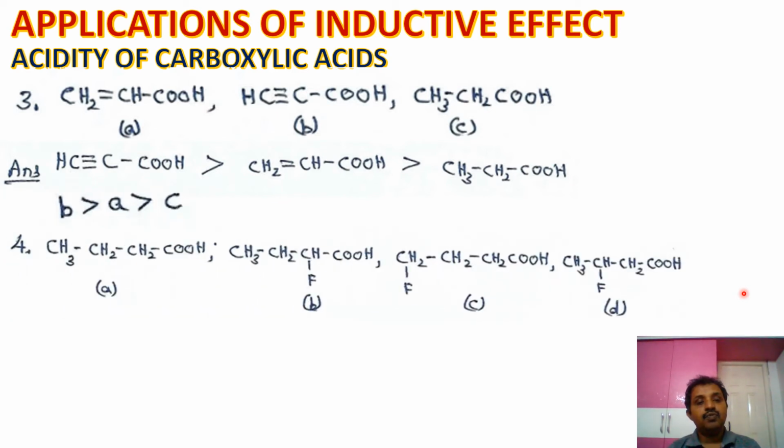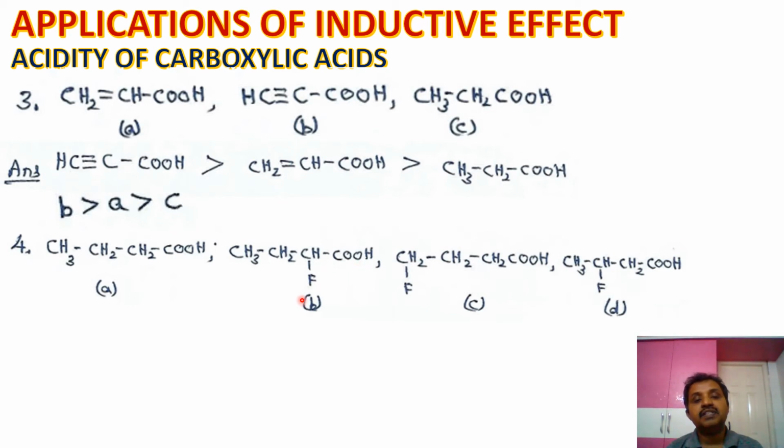Now let's move to the next question. Here we have propanoic acid and butanoic acid, with fluorine substituted on the carbon atoms of the butanoic acid. The fluorine atom acts as an electron withdrawing group. As this electron withdrawing group is near to the carboxylic group, acidity increases.